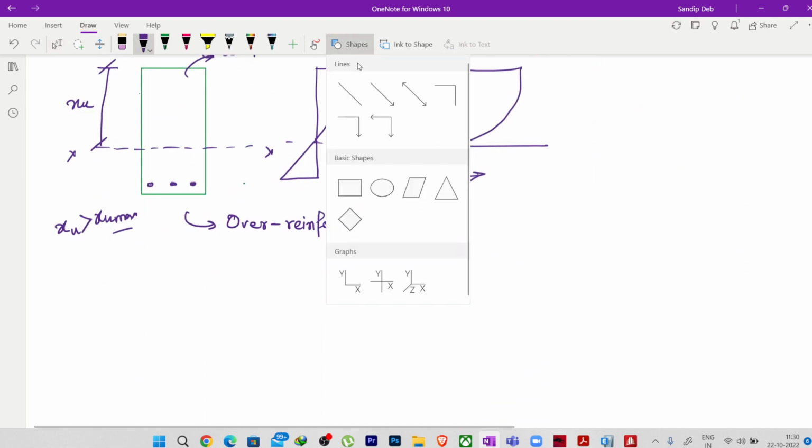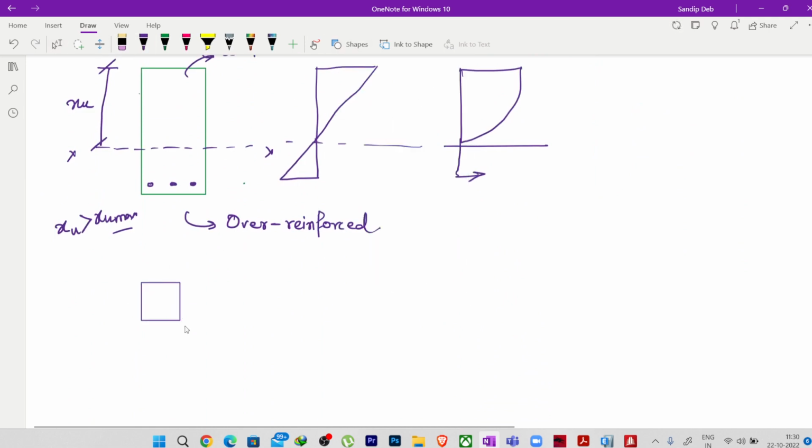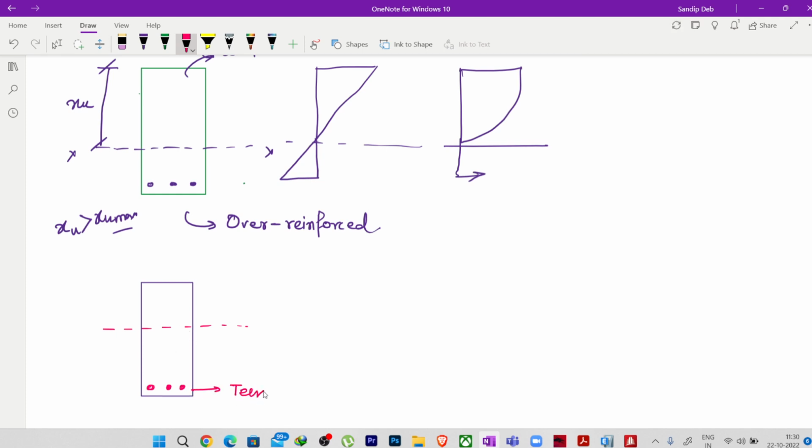So now we can create another condition where the reinforcement that we have provided is reaching its ultimate limit of tensile stress before the concrete is reaching its ultimate limit of compressive stress.